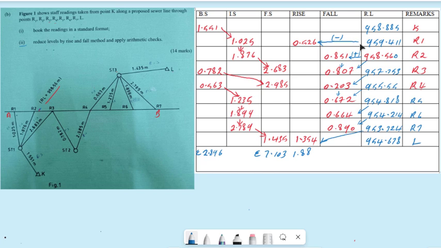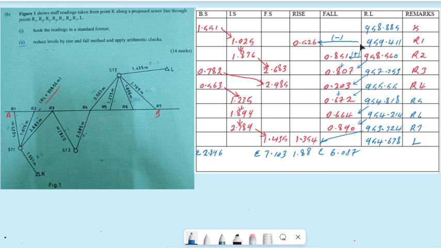0.851, 0.807, 0.203, 0.672, 0.664, 0.890, and this one will give me summation of 6.087.